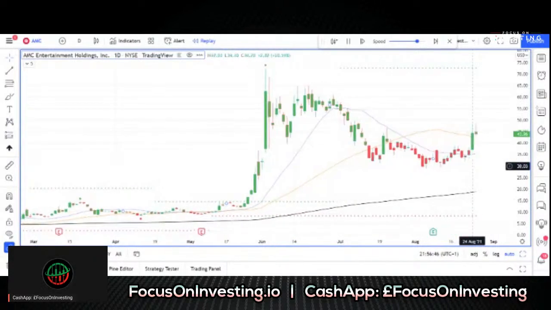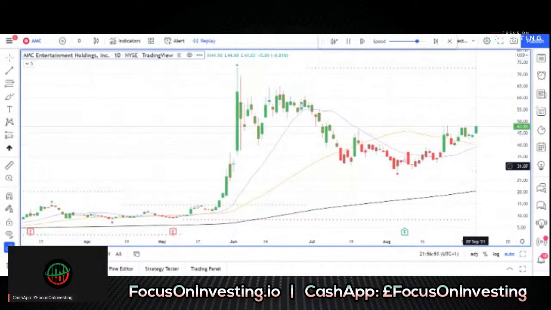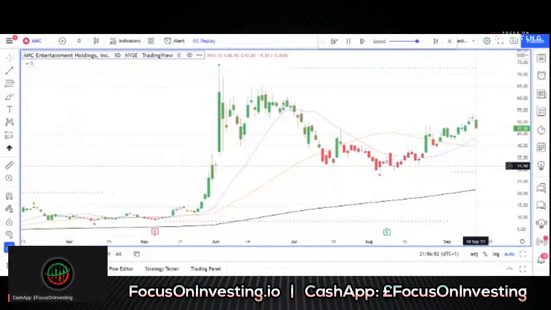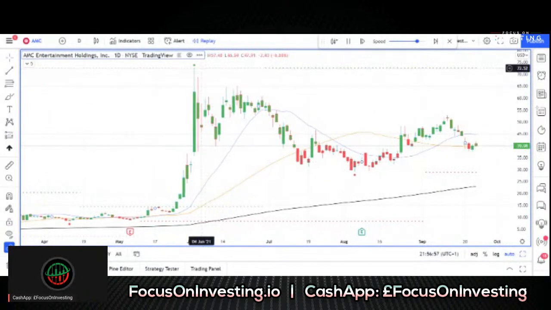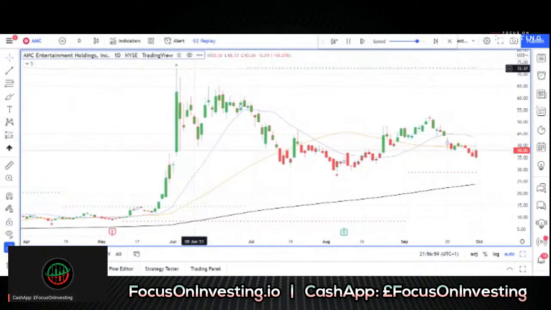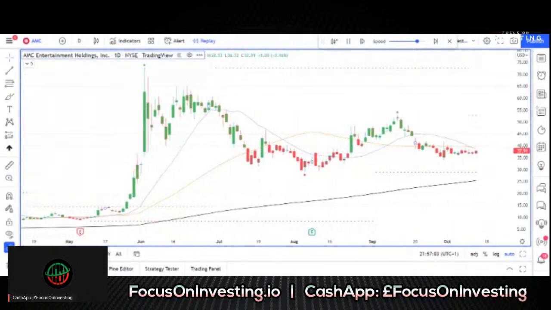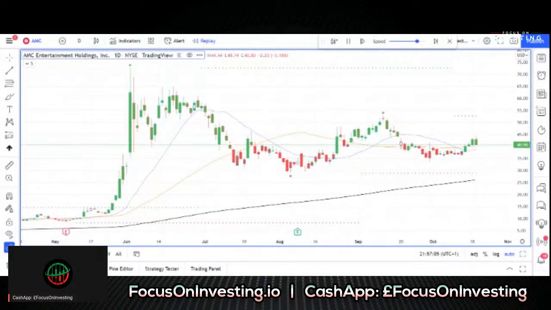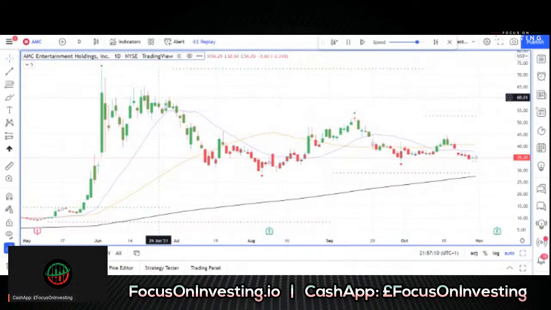As we're going through, let me see in the chat. Looking at this chart pattern, if this is our high, this level here, let me draw in a line. Oops, hit the wrong button. There we go.